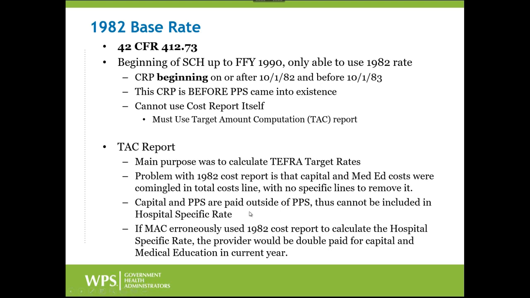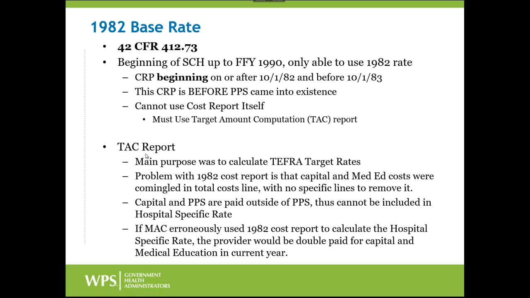It goes through and basically recalculates the cost report to separately handle capital and medical education cost, including everything that's stepped down to it. So it redefines the cost report calculations. Now, again, it was something that was audited at the time.